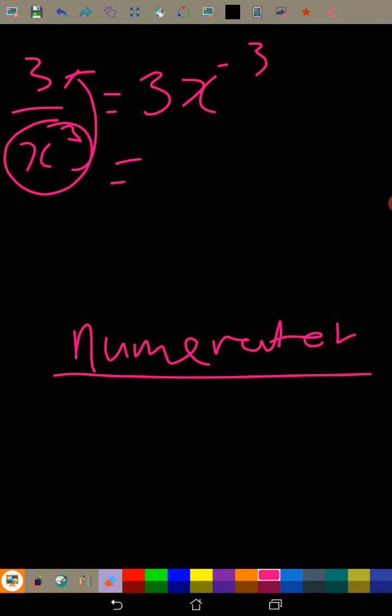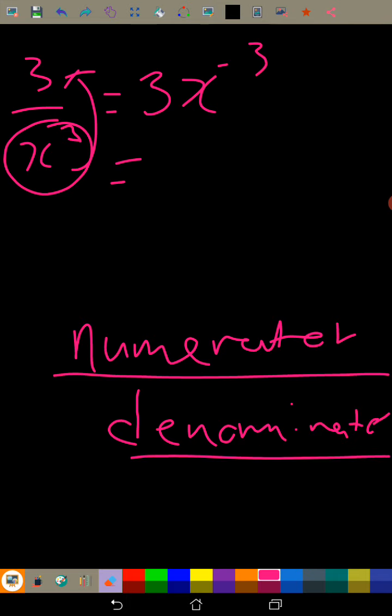So you have the numerator and you have the denominator. This is the denominator, this is the numerator. So we'll bring everything up here. You see the power was positive and now it's negative up there.